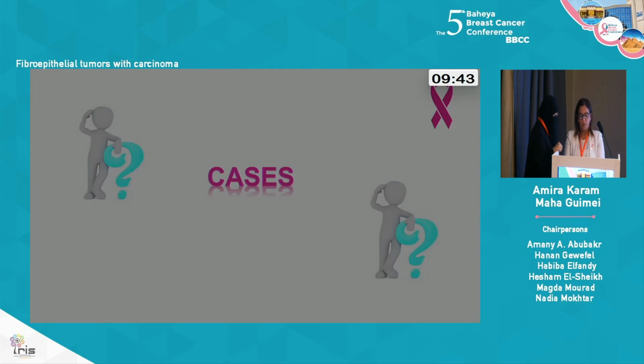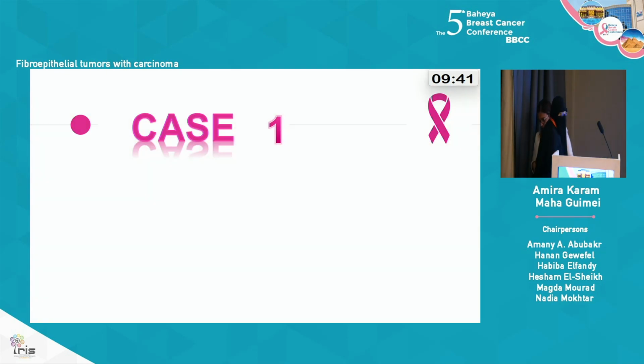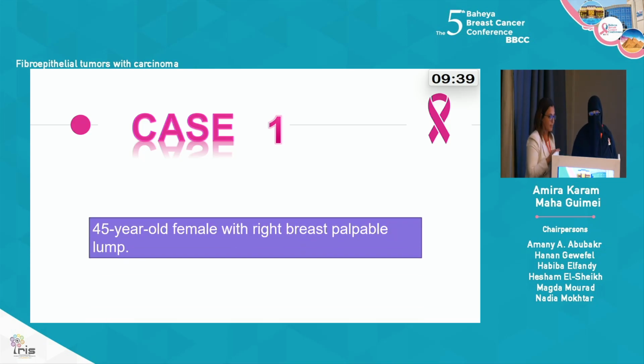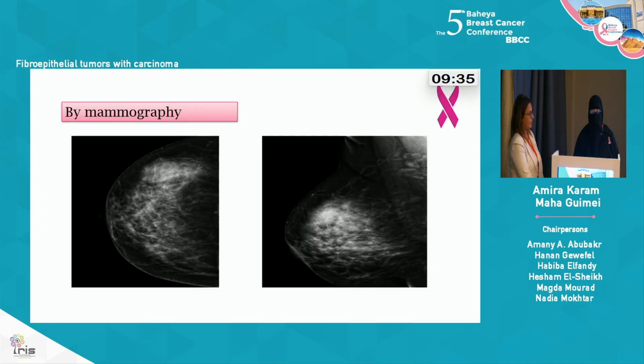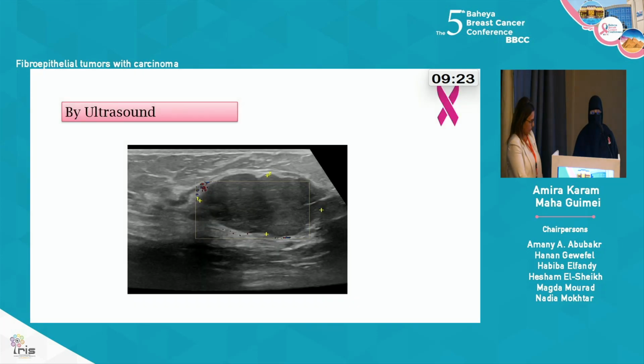Now we present our cases. Our first case, a 45-year-old female with a right breast palpable lump. We started with mammography. Right CC and MLO views, ACR C breast, we can hardly appreciate this upper outer quadrant medium dense lesion with obscured margins.